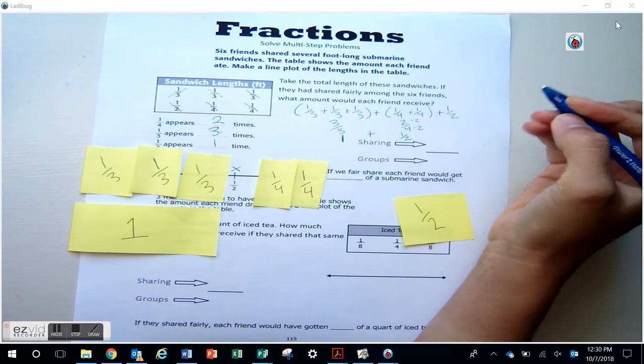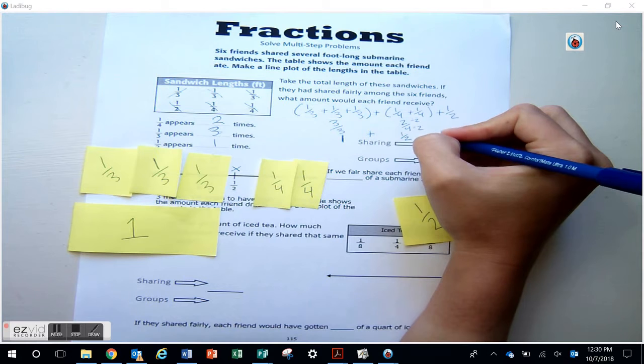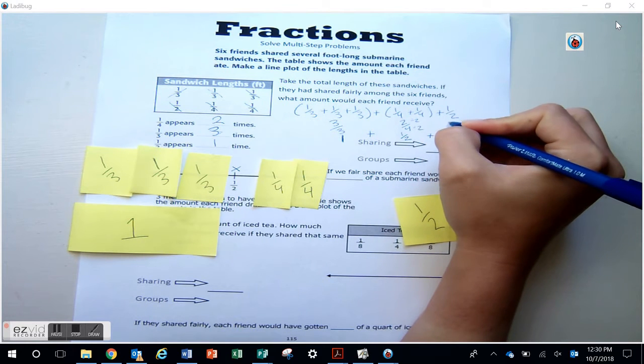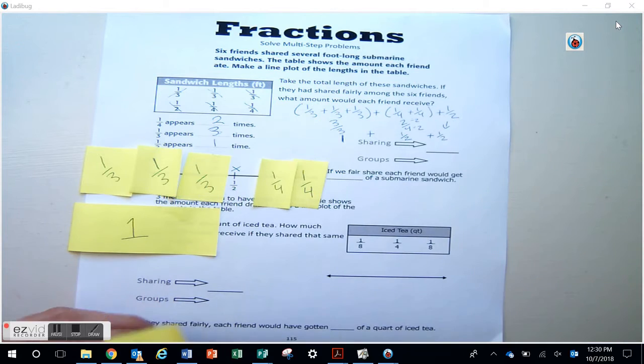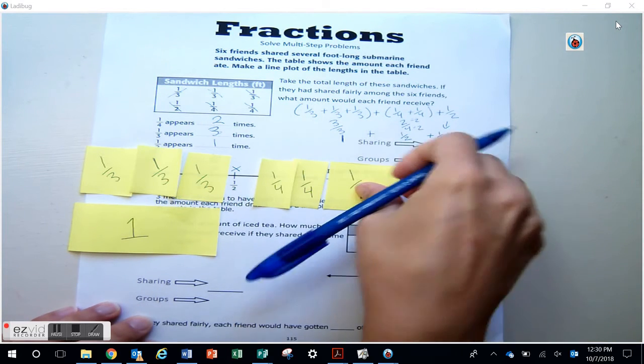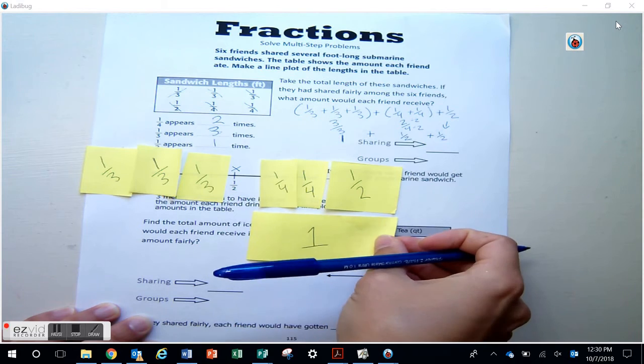And then I'm going to add that half to this other half here. So if I have 1/2 plus 1/2, together that will make 1 whole.